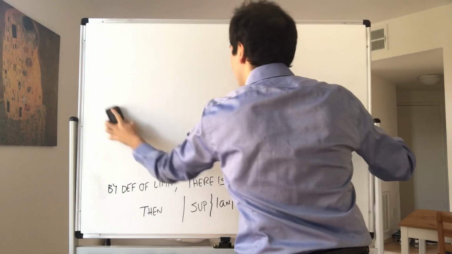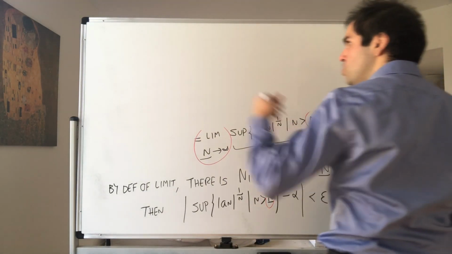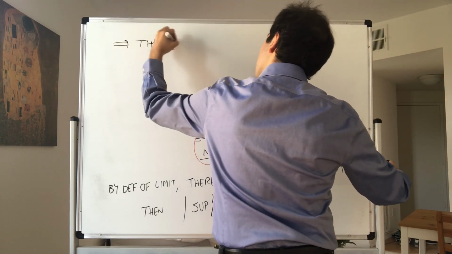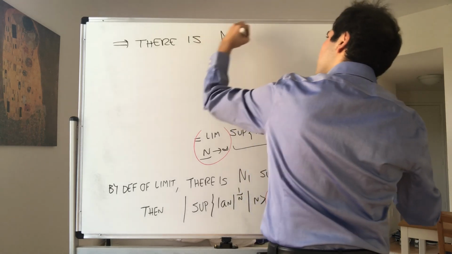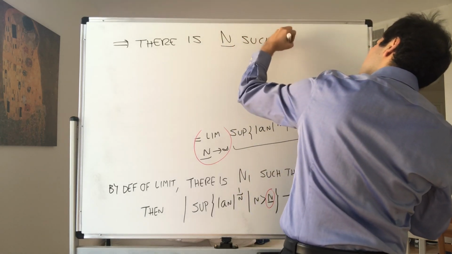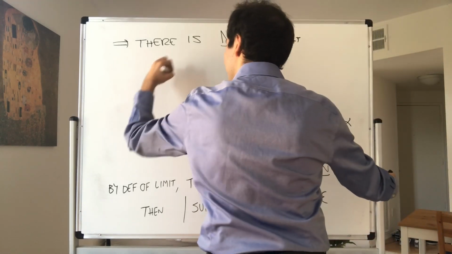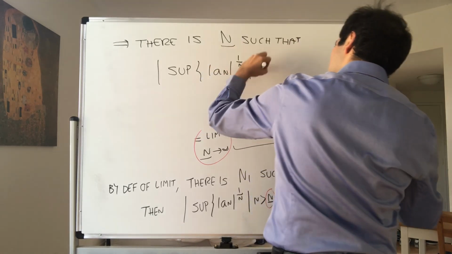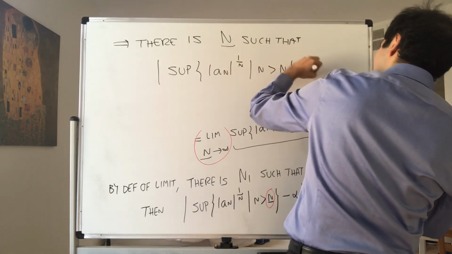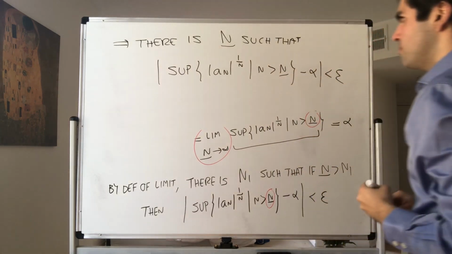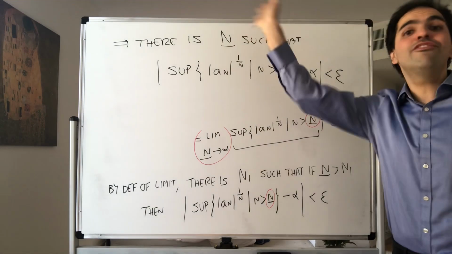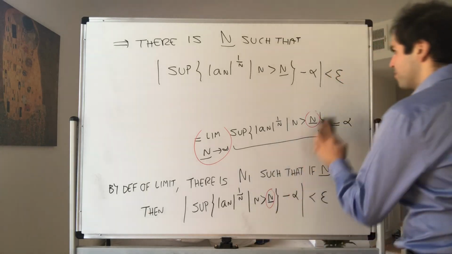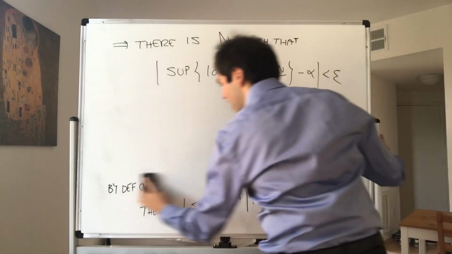So what we can say with confidence now is that there is at least one capital N such that the difference between this supremum and alpha is less than epsilon. Again, it is actually true for infinitely many capital N, so in particular it is true for at least one of them. Good. In fact, that's enough. That's all that we need.